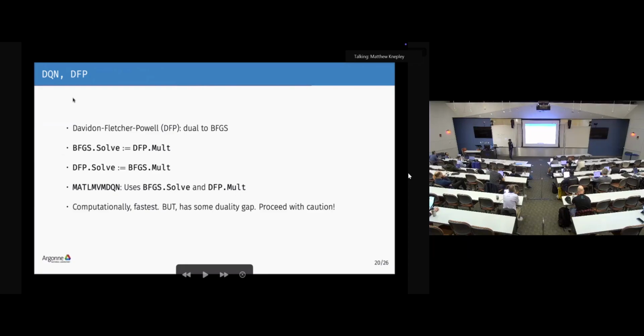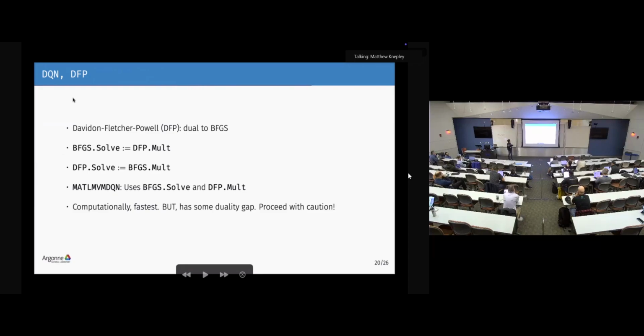So this is the side of dense BFGS or dense LMVM that you need to be mindful of: how much of your operation is going to be MAT solve or MAT mult. For generic quasi-Newton, if you know that everything you're going to do is a MAT solve, then sure, great, just use BFGS. If in some sort of trust region setting you only need to do a MAT mult, then you should use DFP.